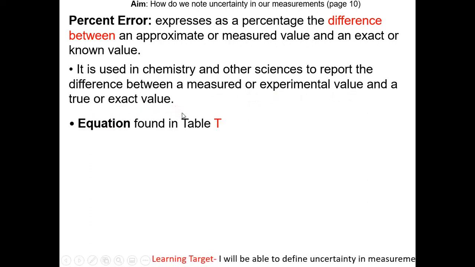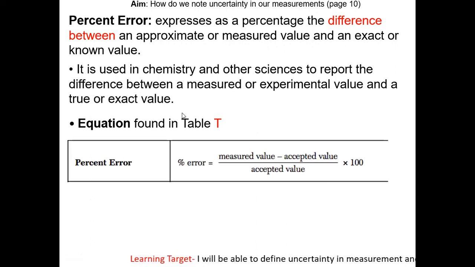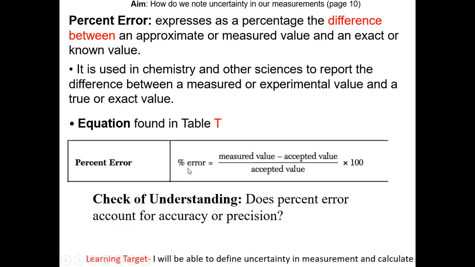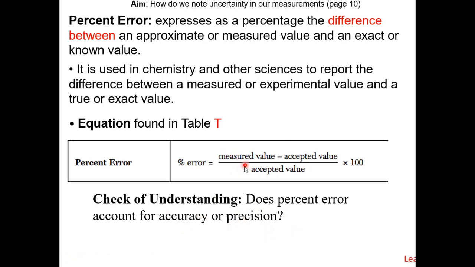So the equation is found on Table T, so you don't have to memorize it, you just gotta know where to look for it. Okay? So just to check your understanding, does percent error account for accuracy or precision? Since we're calculating the deviation between the measured and the accepted value, it accounts for accuracy. The smaller your error, the more accurate you are.